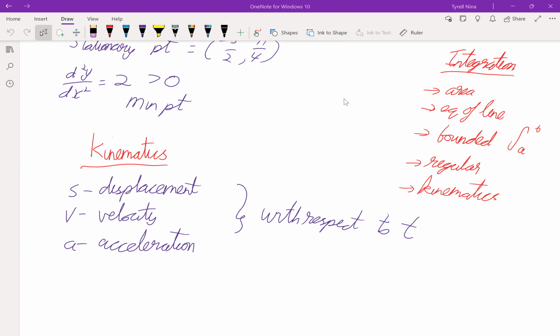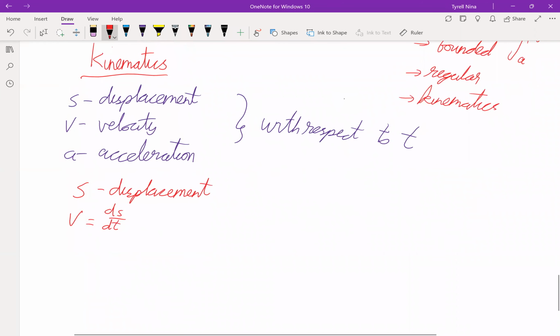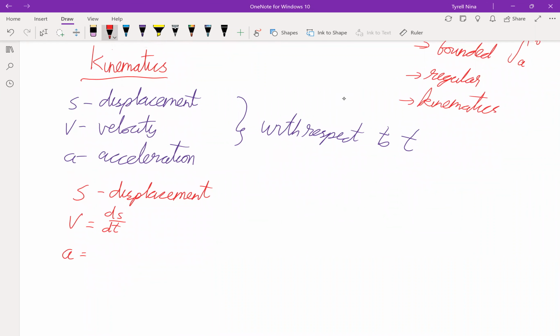Right. So just know how to get from one to the other. If I have S for displacement, velocity is ds/dt. So I differentiate displacement with respect to time. And A is dv/dt.